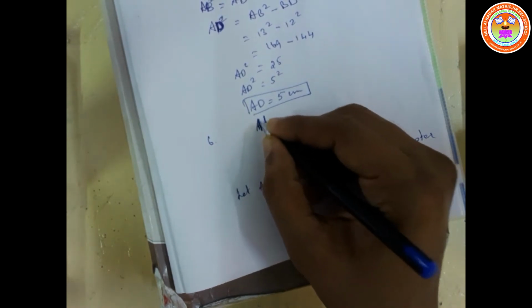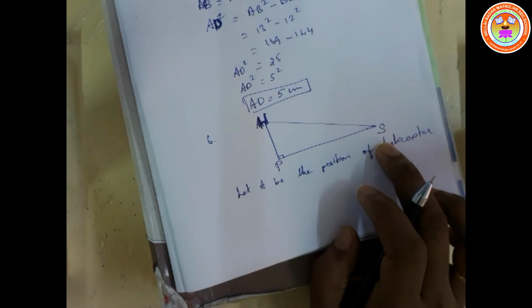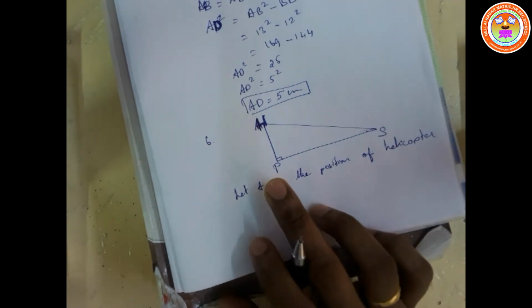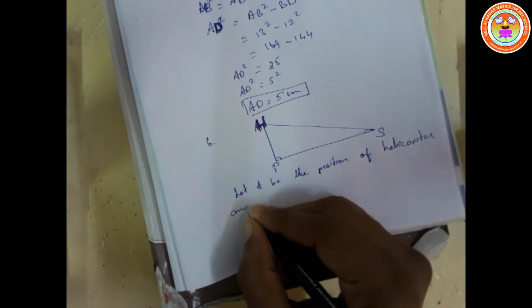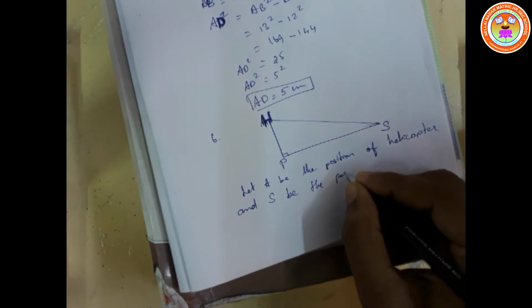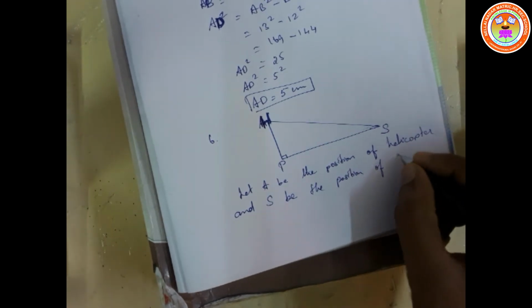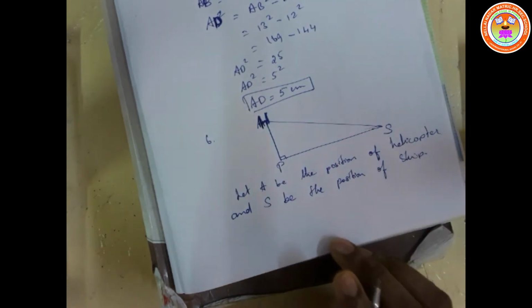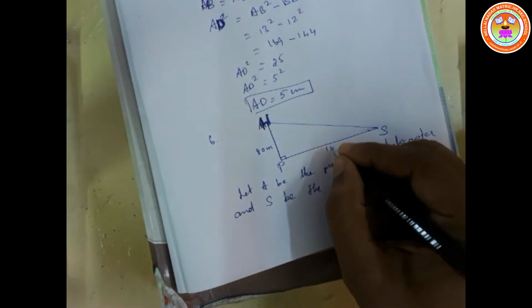So mark this as H. H represents the helicopter, S represents the ship and P represents the point at 90 degree. S be the position of the ship. This is 80 meter and this one is 150 meter. It is given in the diagram itself.